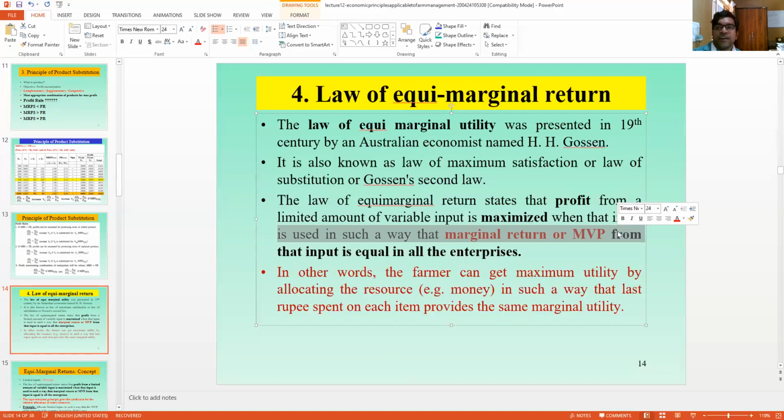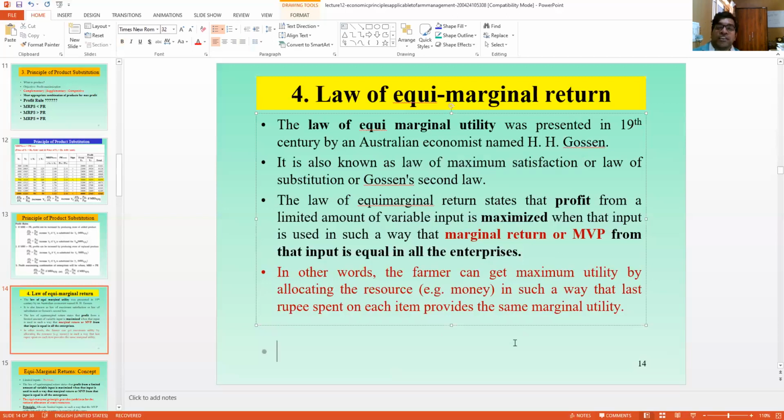Now, if he has limited resource, money, then the farmer can maximize his profit if he is using his limited resource in such a way that MVP or marginal return is equal in all the cases. In all the three enterprises, the MVP or MR should be equal. Then only the farmer can realize profit.